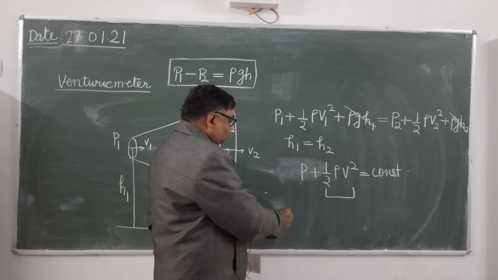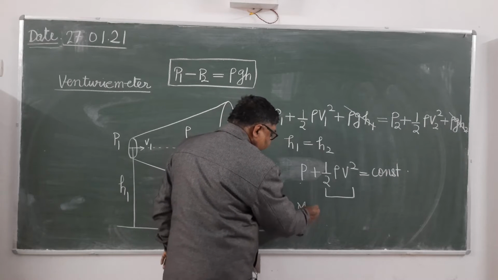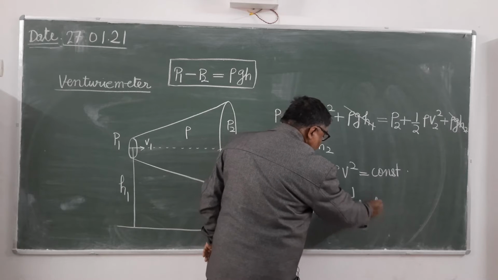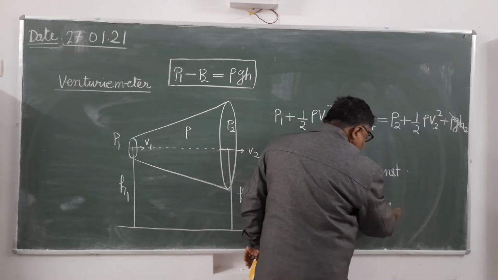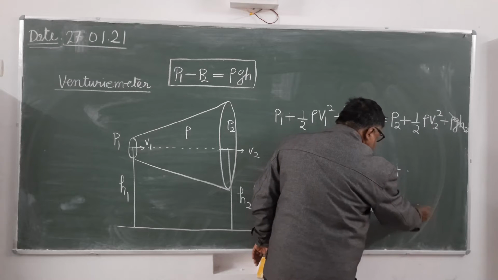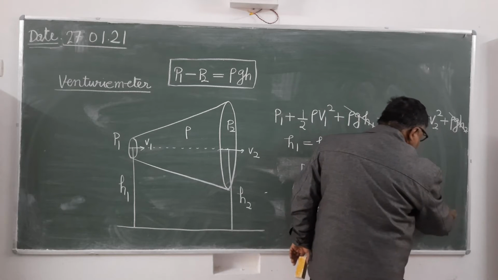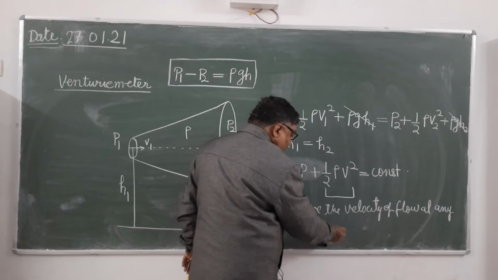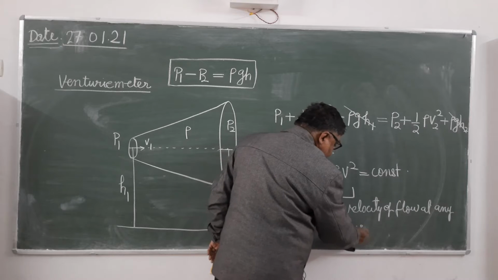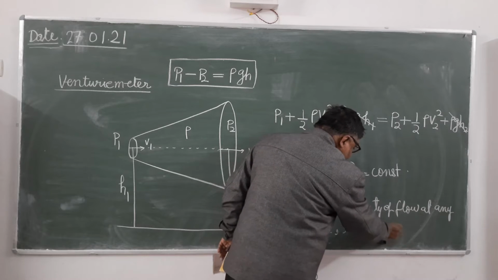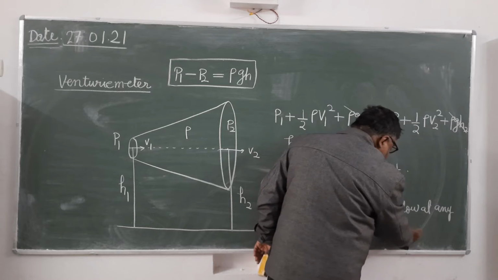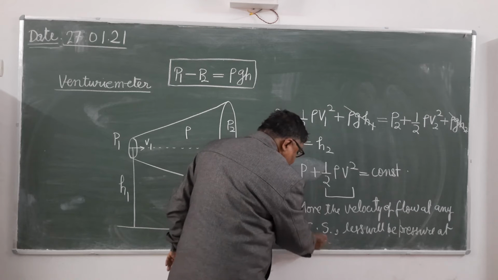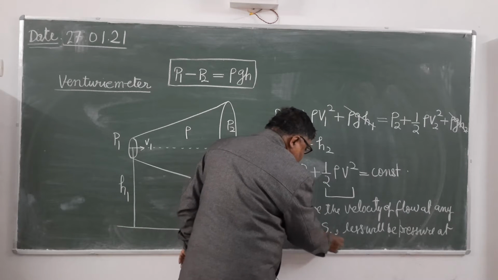It's clear? Means more the velocity of flow at any cross section, less will be the pressure at that cross section.